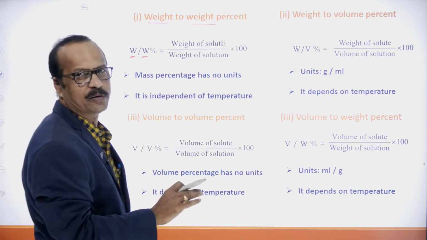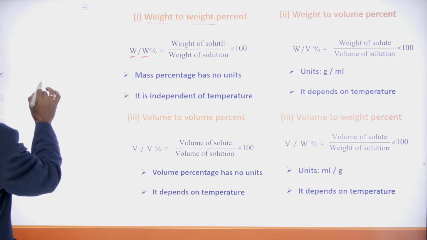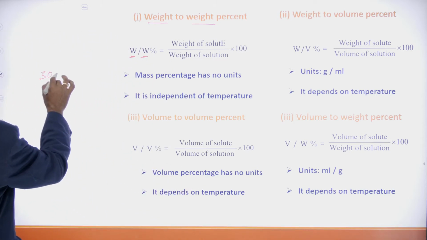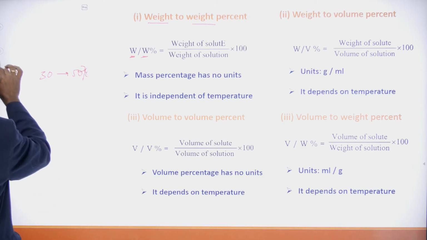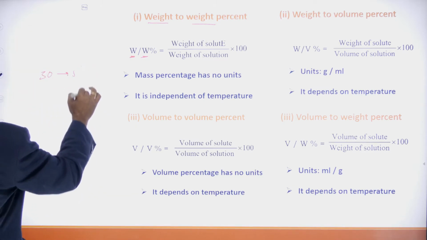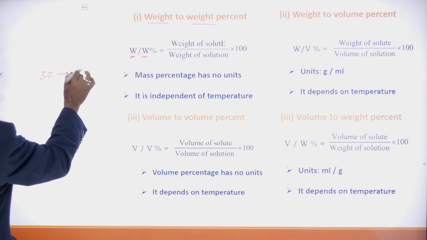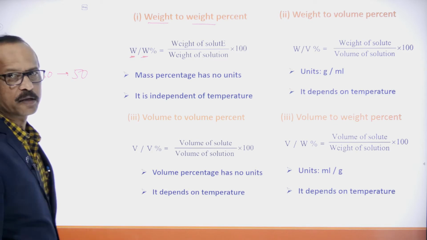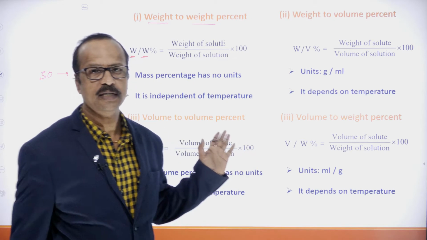It is simple. Like just now I told you, if you got 30 marks out of 50 marks, then what is your percentage? Out of 50 marks, you got 30 marks. So how can you calculate the percentage? I'll get here 60%.